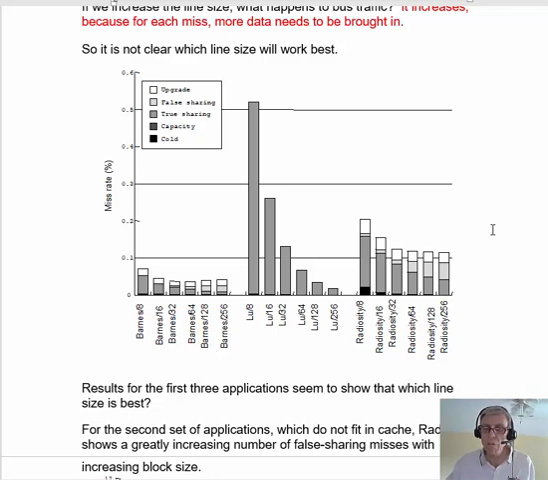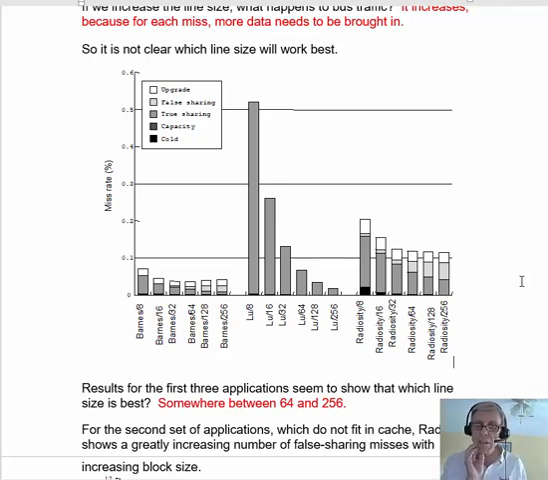So results from those first three applications seem to show which line size is best? Well, it looks to me like it'd be somewhere between 64 and 256, because Barnes doesn't increase in miss rate as much as LU decreases, and radiosity doesn't really matter much over that range.